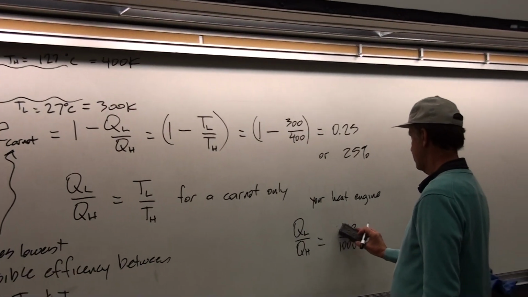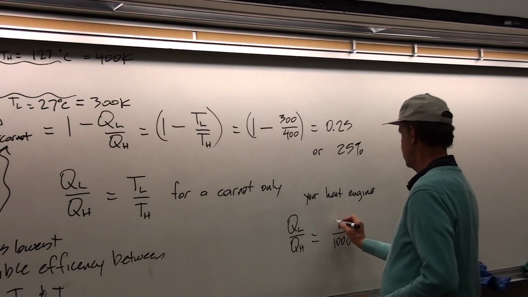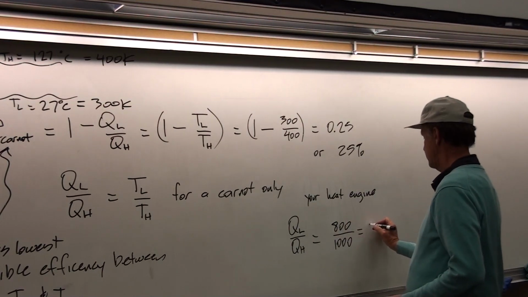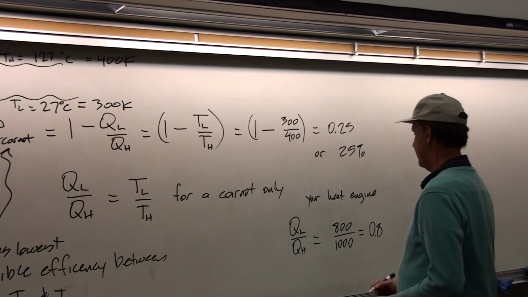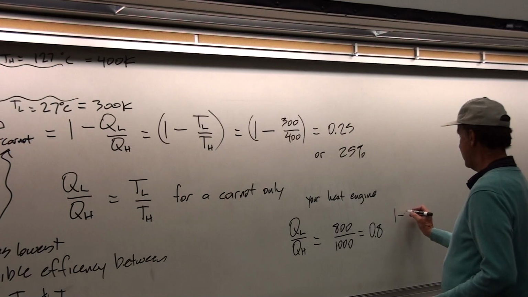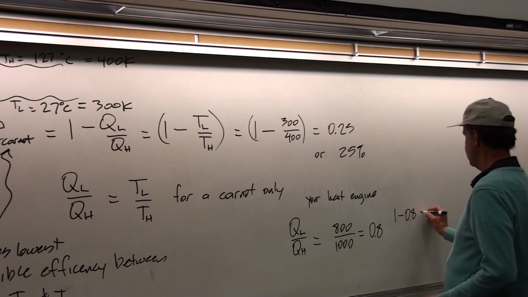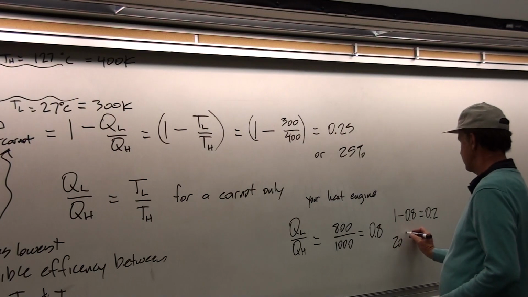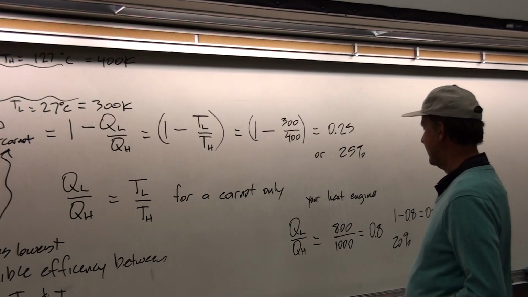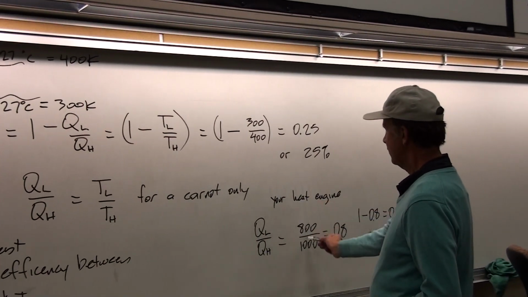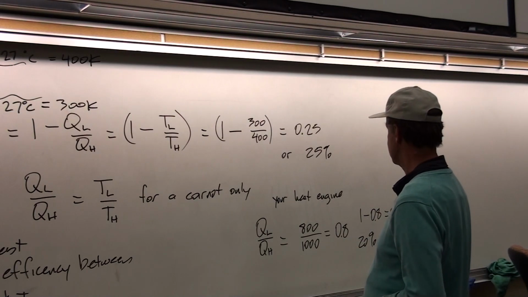So that'd be 0.8. And so 1 minus 0.8 would equal 0.2, or 20%. That's what we got in that last example for our just regular old heat engine.